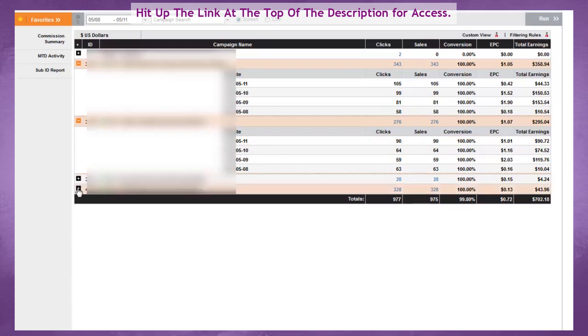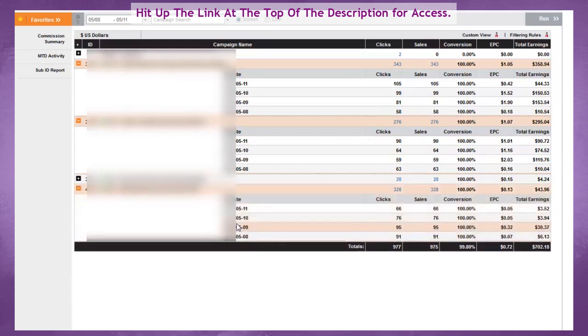And I just want to expand out this one just to show you the difference here. As you can see, around the same amount of clicks were pushed to this one as well, this offer, but it really didn't do as well. As you can see, $43.96 only compared to these ones, around $300 and over $350 on that one.